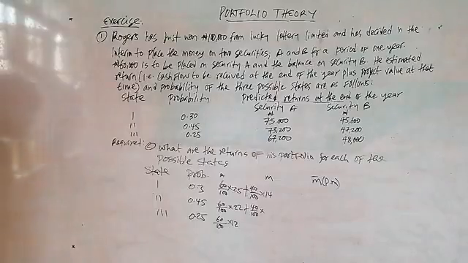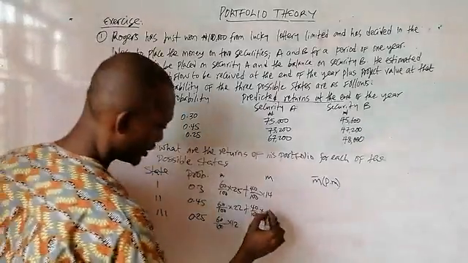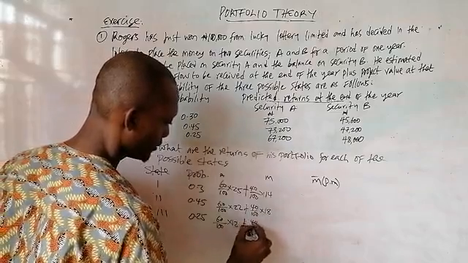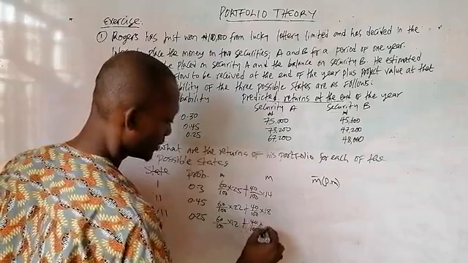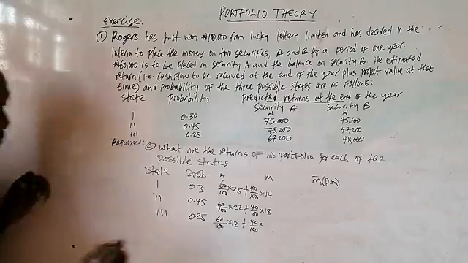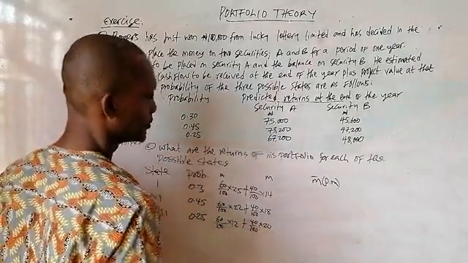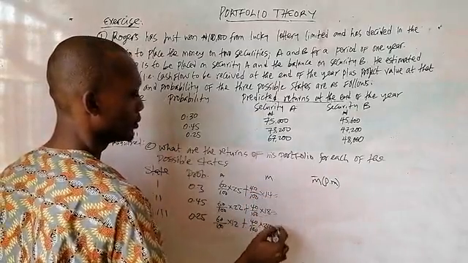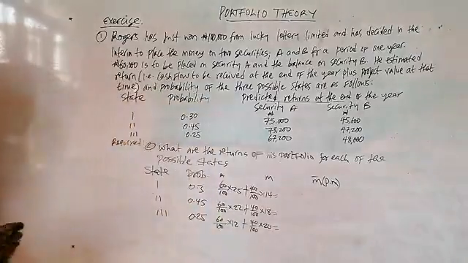It is 18. So plus 40 over 100 times the return for state 3, which is 20. By this we have combined the two securities into one portfolio.